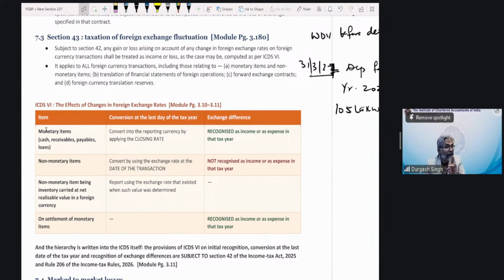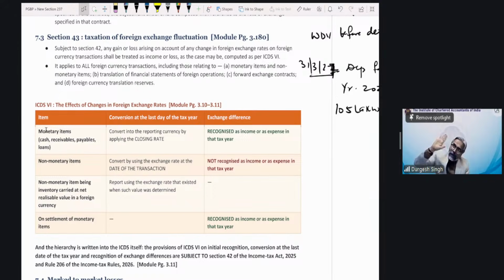But be careful, students. These loans or monetary items are not in relation to foreign assets. Because if these foreign currency loans are primarily in respect of a foreign asset, then you go to section 42. So this may be a general loan or a loan taken for, say, inventory.